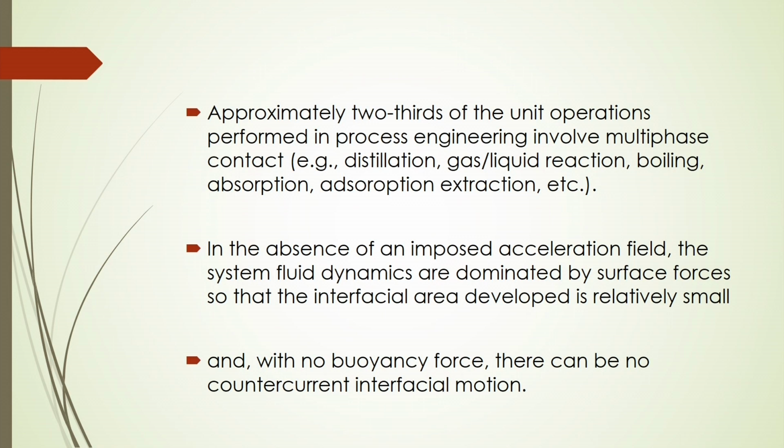So, all those multiphase operations mainly depend on interfacial area, because chemical engineering processes are mainly governed by mass transfer and heat transfer processes. That mass transfer and heat transfer depends on the specific interfacial area of the systems, where the interface between the phases is created per unit volume.